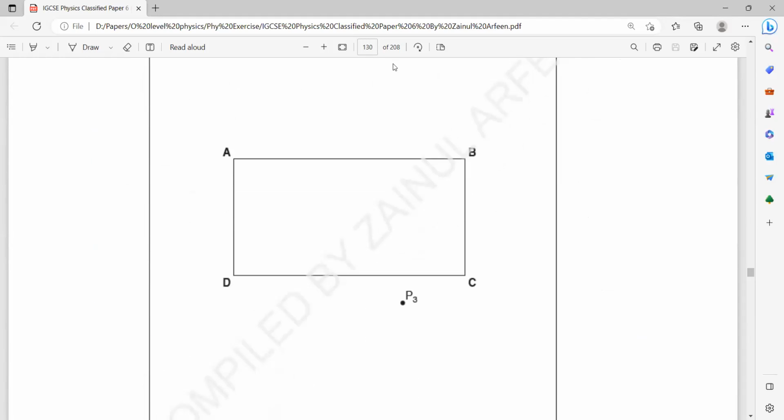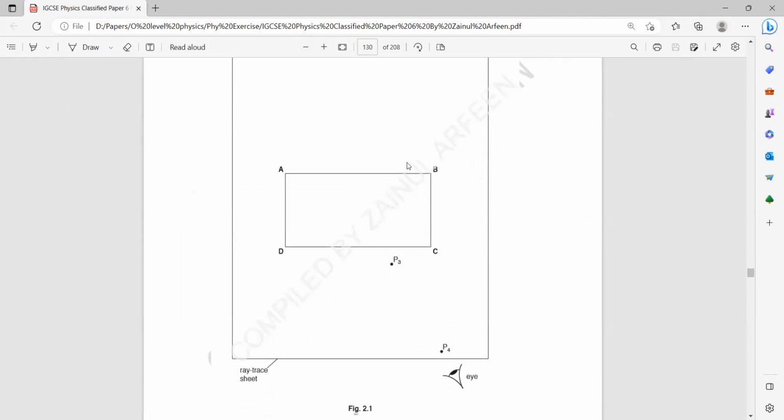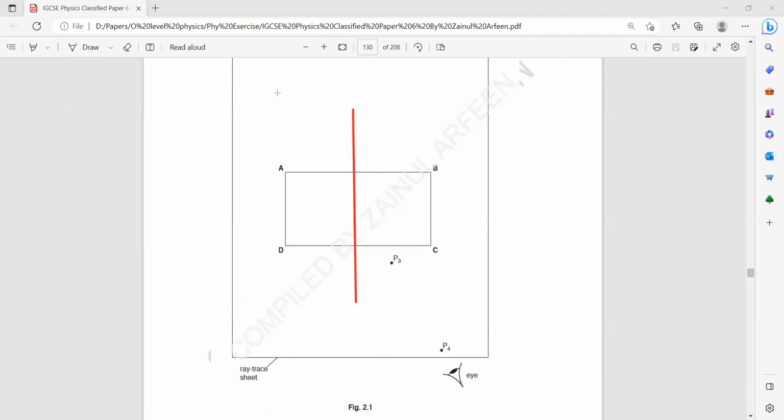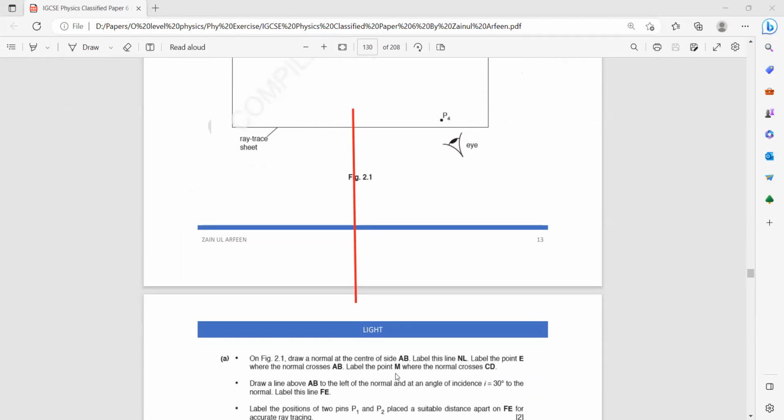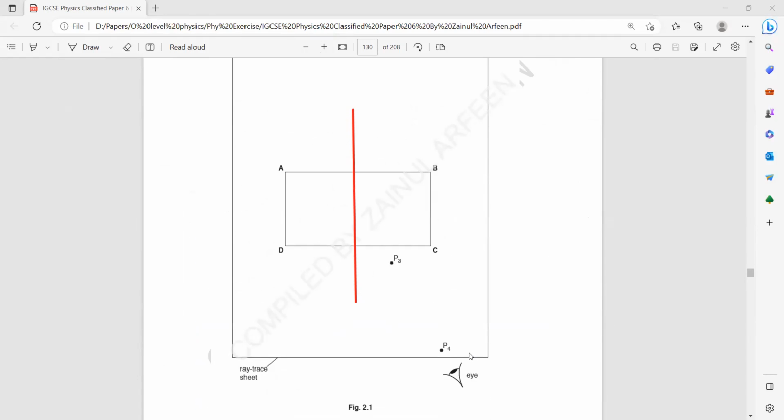At the center, you measure this length, say 4 centimeters, so the center will be at 2. You draw a line, and the normal will be there. We label the normal as N and L.